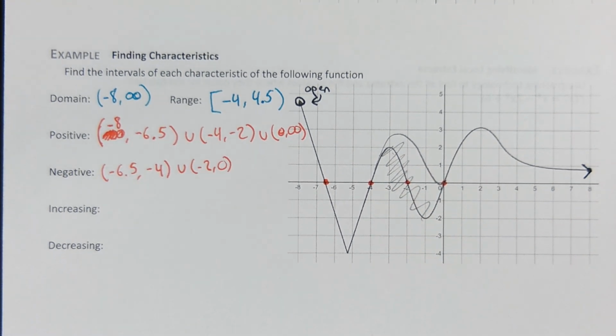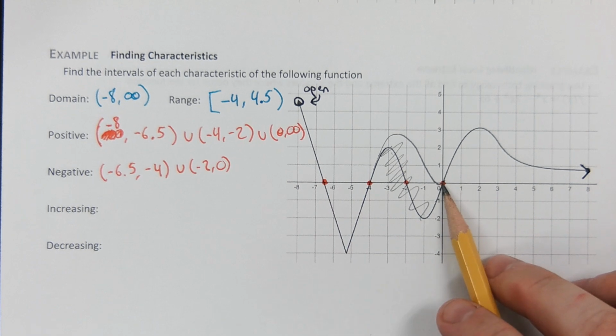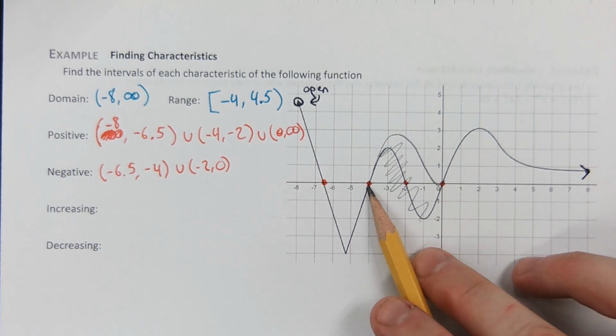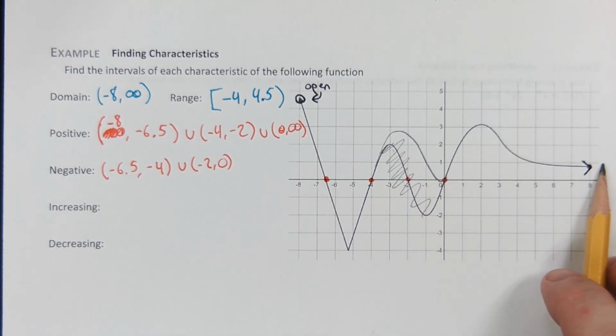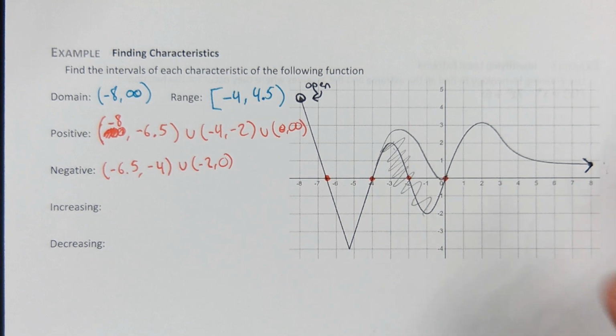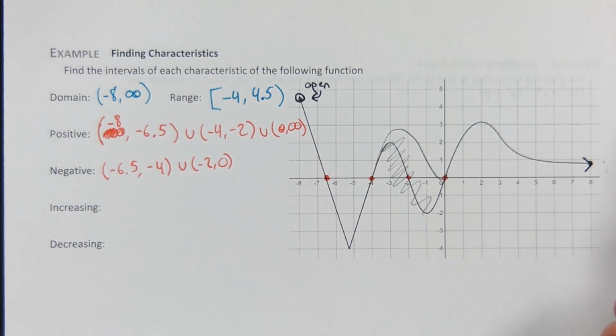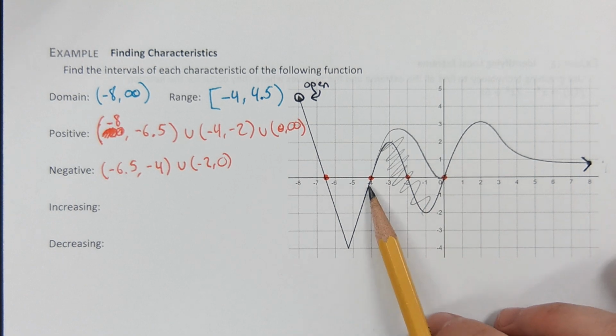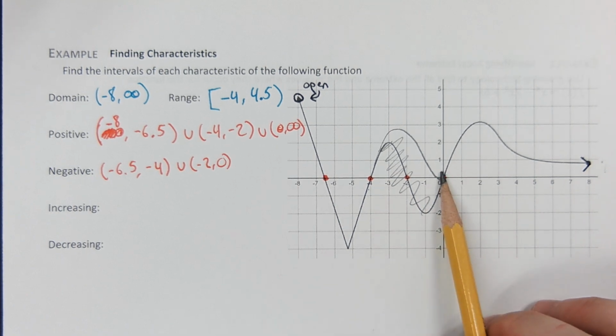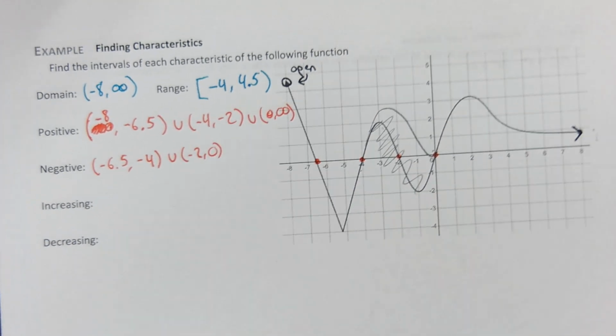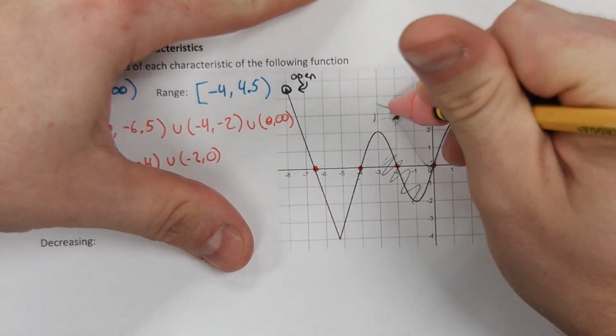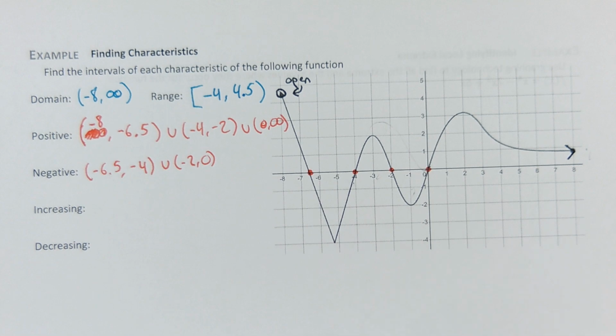Then the question I would ask is, can I just say it's positive from negative 4 to infinity? Because it goes to 0, I would argue that no, you can't. You'd have to say negative 4 to 0, and then from 0 to infinity. But of course, that's not what the picture did, so we'll just get rid of that, but it's still a good question. I should have included it in the notes.